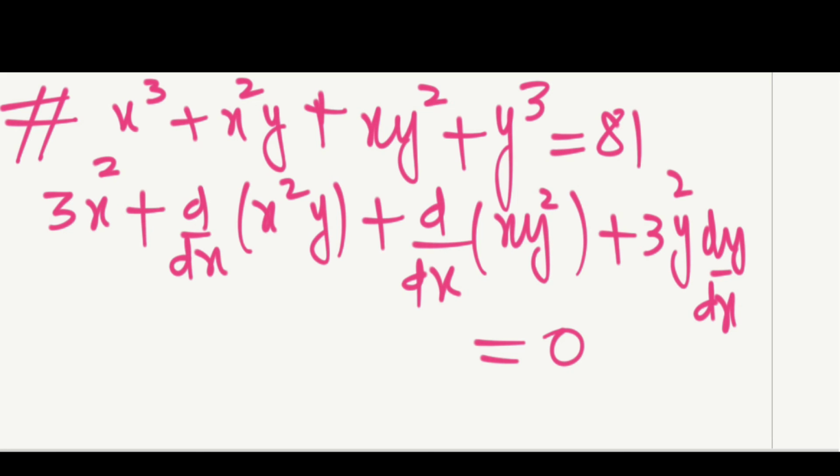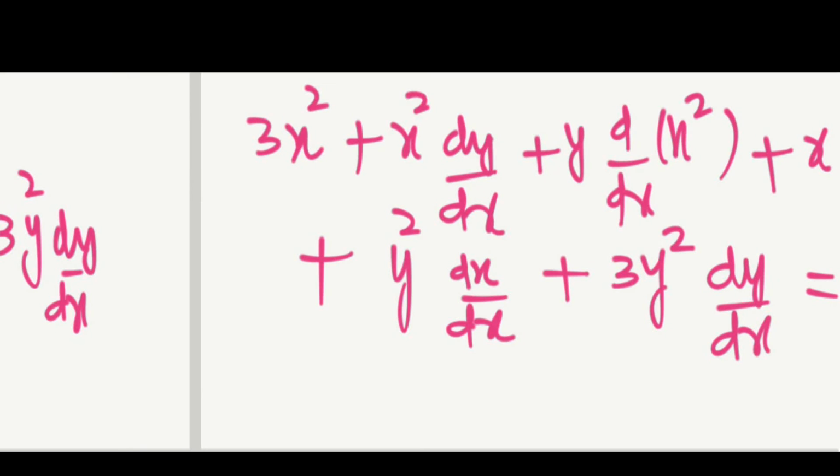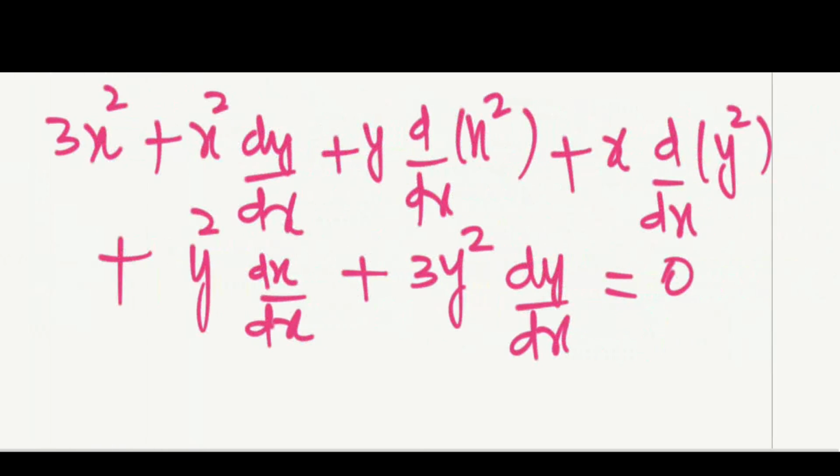Now 3x square plus the derivative of x square y. For x square y it becomes the derivative of x square into dy by dx, u into derivative of v plus v into derivative of u. So it is x square dy by dx plus y into derivative of x square.